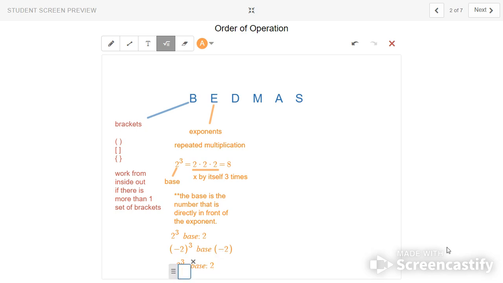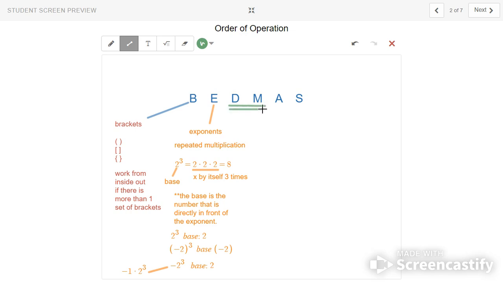The negative really is saying I have negative 1 times 2 to the power of 3. We'll talk more about that in the next couple days.